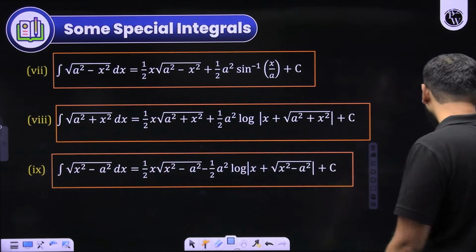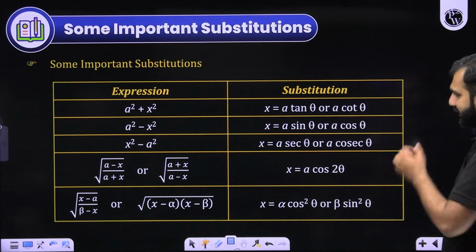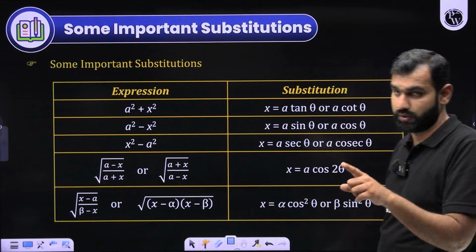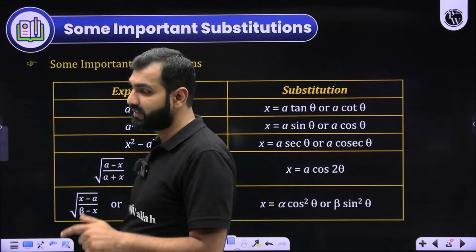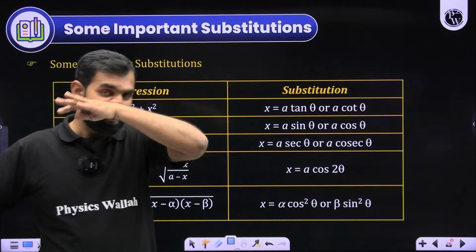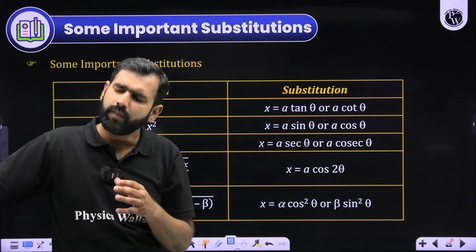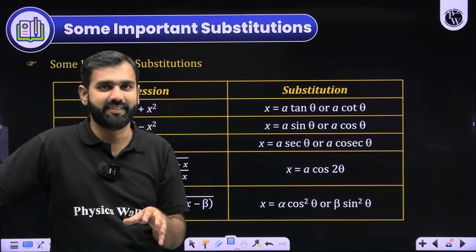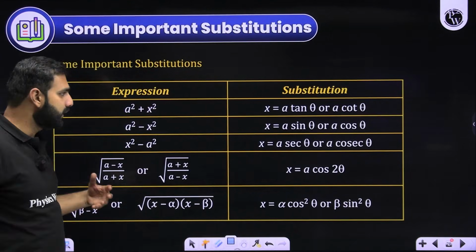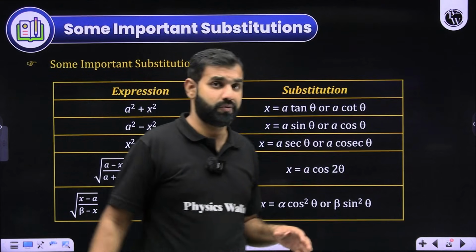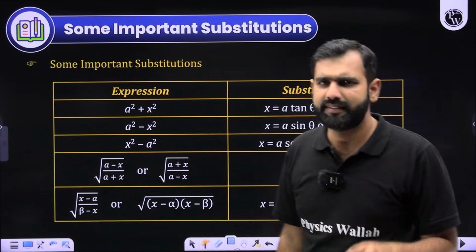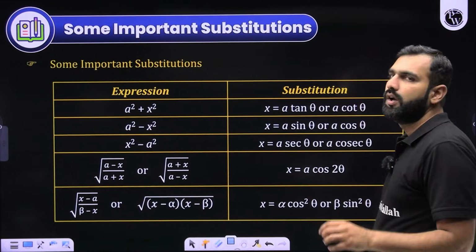Now, moving ahead from here, let's see some important substitutions. I had shown you these substitutions while discussing the chapter differentiation as well. But there, I had insisted that more importantly than in differentiation, we'll use the substitutions in integration. And that's exactly what we'll be discussing here.